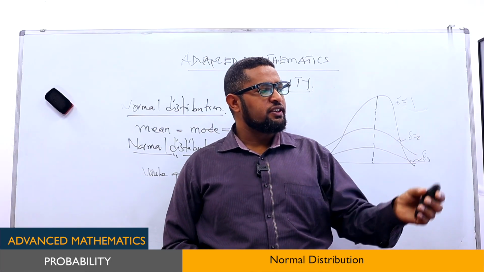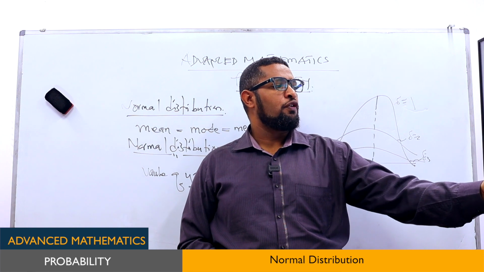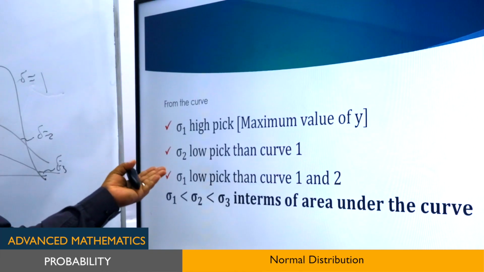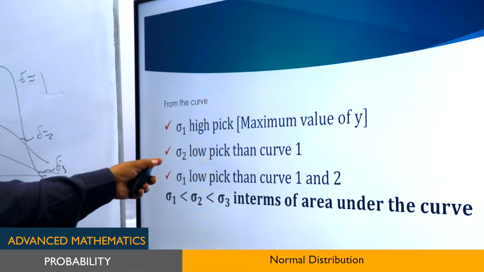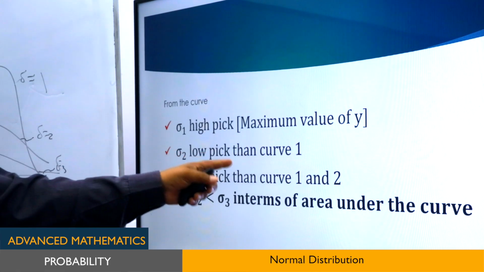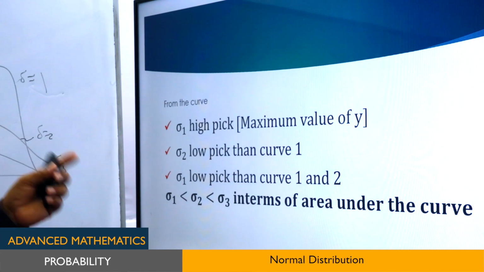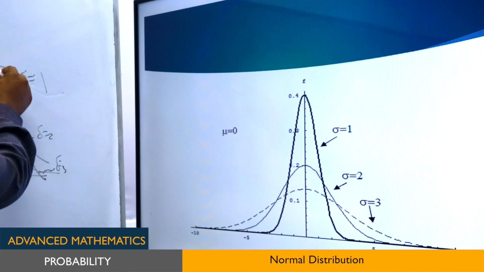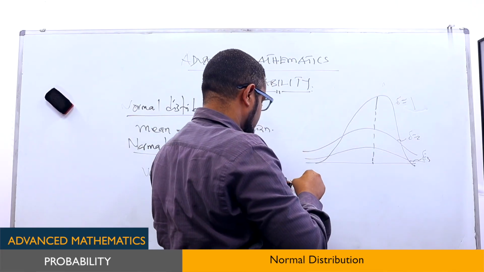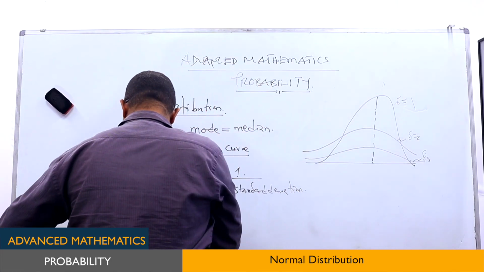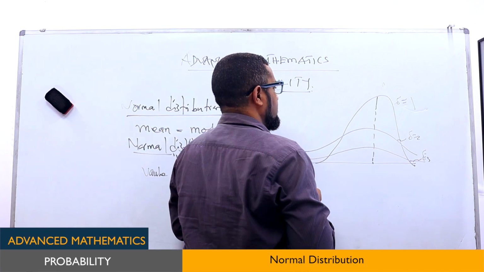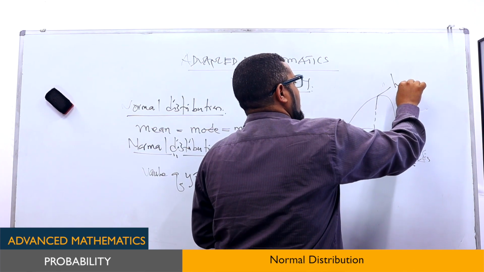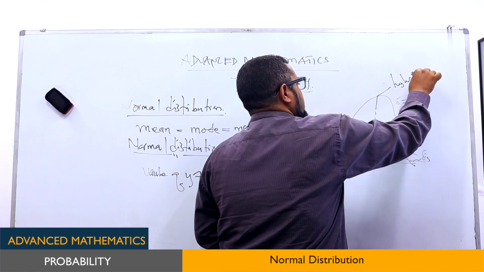But the difference is in the case of area. For case number 2, standard deviation 2, it has a lower peak than curve number 1, as you see from the diagram. This point is the high peak.